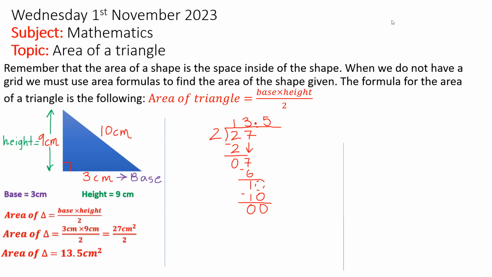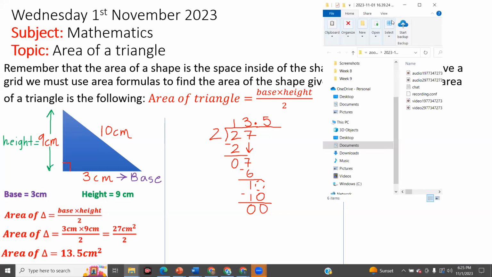Sinead Penniman, do you understand how we got 13.5? Yes, sir. Okay, can you explain how we got that, please? I have to divide to get the answer.